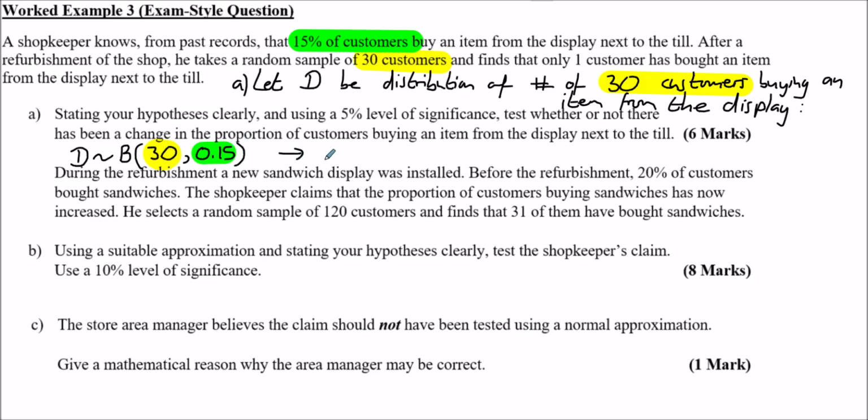So therefore we're wanting the probability that D is less than or equal to 1, because only one customer's bought an item from that display. So what's the probability that D would be 1 or less? We just work out the probability it's 1 or less based on this binomial here.